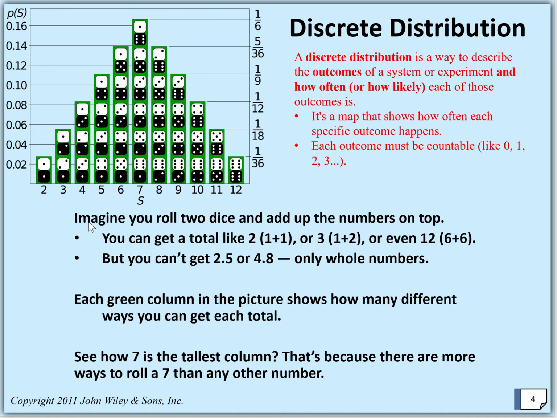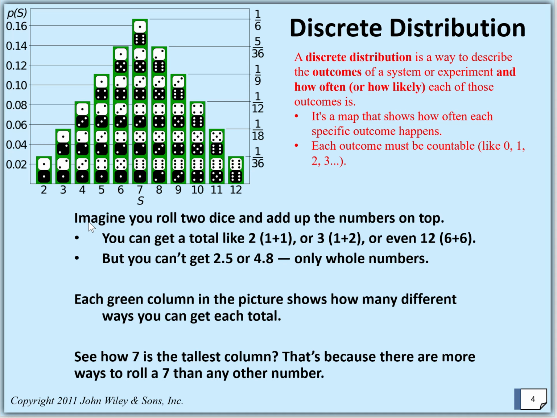So this is a discrete distribution example. What does that mean? Remember in the class we talked about if you keep on rolling 2 dice and you keep on getting the sums, the highest number of times 7 will occur. Why?